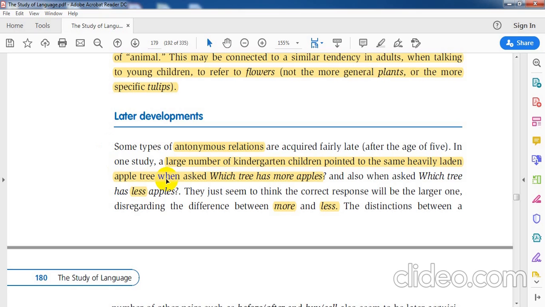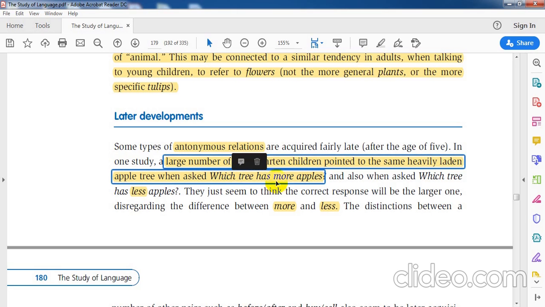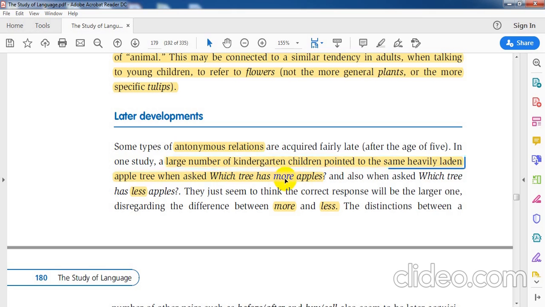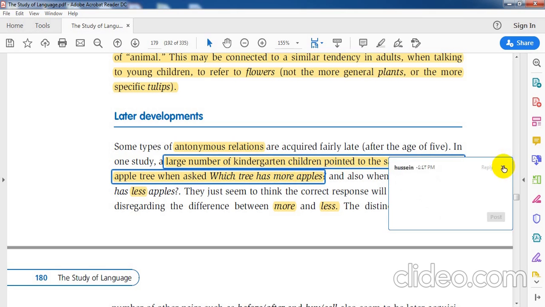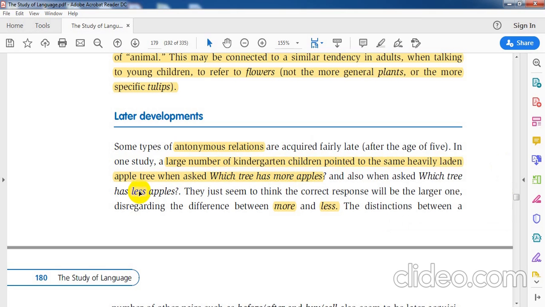Now, a large number of kindergarten children pointed to some heavily laden apple tree. It is, I guess, a quasi experiment done for kindergarten children who were asked two questions about an apple tree: which tree has more apples, and which tree has less apples.